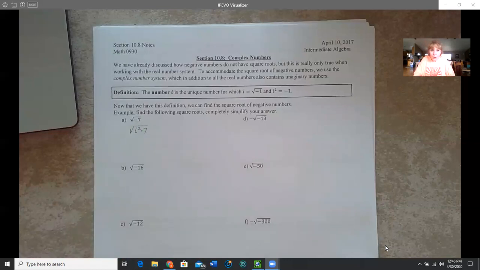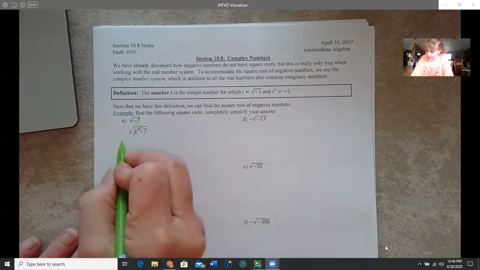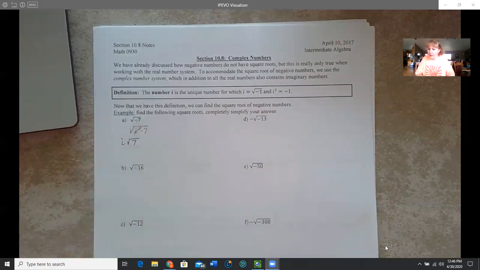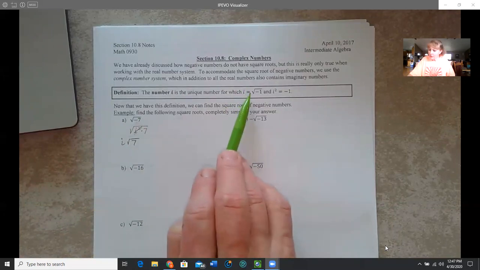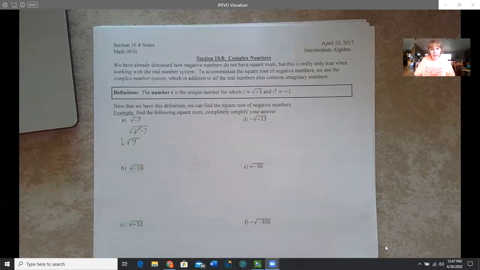Negative 1 times 7 is negative 7. If you have 2 of something, it comes out. And the 7 stays. So the square root of negative 7 is now i square root of 7 using imaginary numbers, the imaginary number of i. Okay, so i is equal to the square root of negative 1. So when you have a negative in a radical, okay, you can write it as an i.